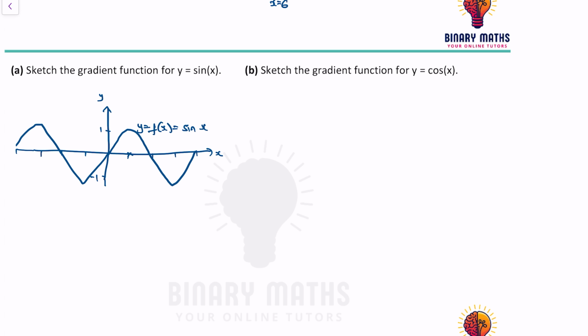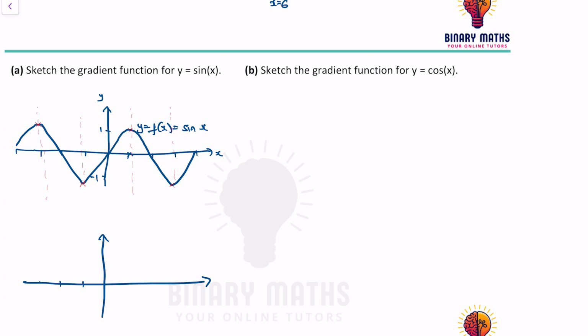So where are the points of intersection? Sorry, where are the stationary points? Here, here, here, and here. So let's partition it out. That means the gradient function for y equals sine x would have x-intercepts.